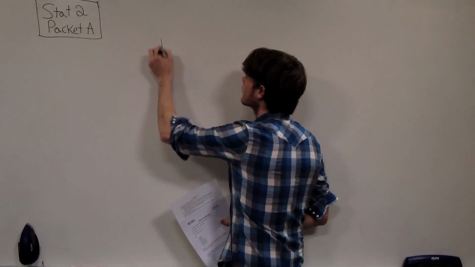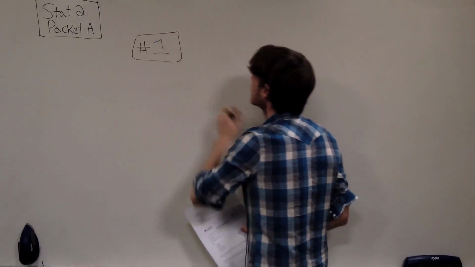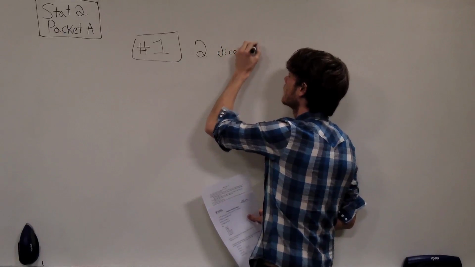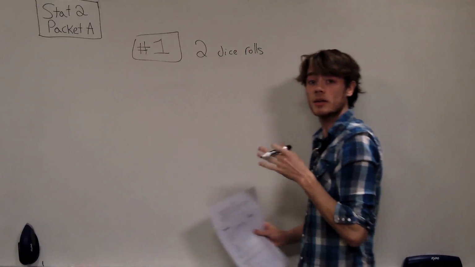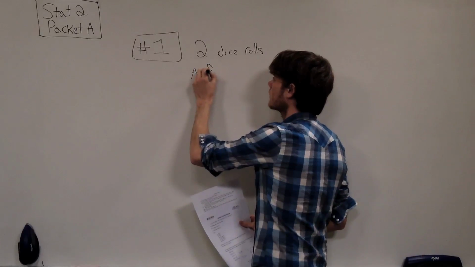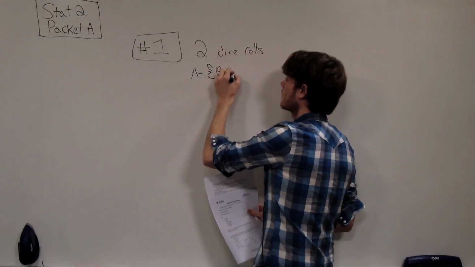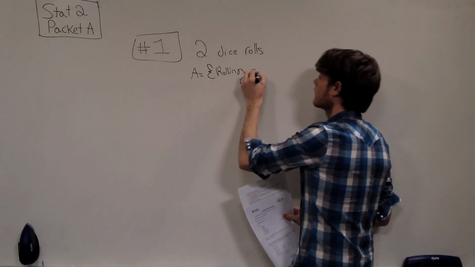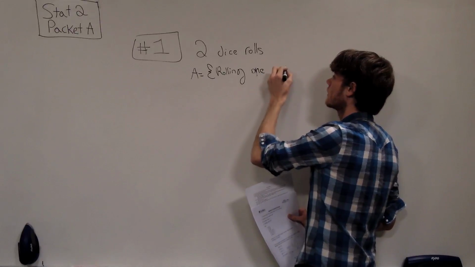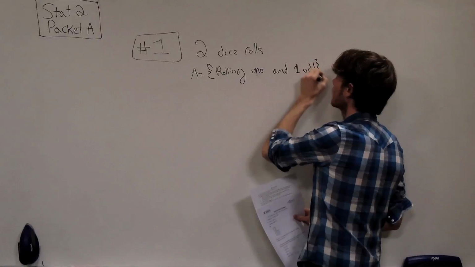Question 1: we're going to find the following events. A equals rolling 1 even and 1 odd.